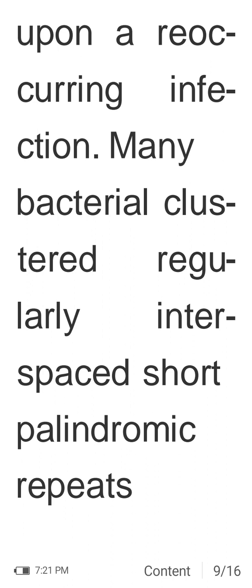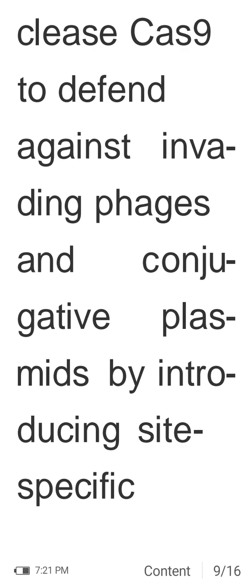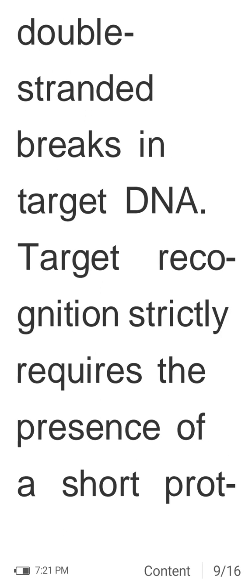Many bacterial CRISPR-Cas systems employ the dual-RNA-guided DNA endonuclease Cas9 to defend against invading phages and conjugative plasmids by introducing site-specific double-stranded breaks in target DNA.